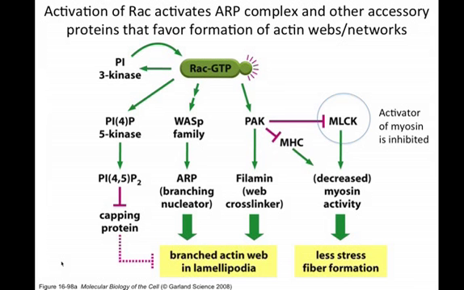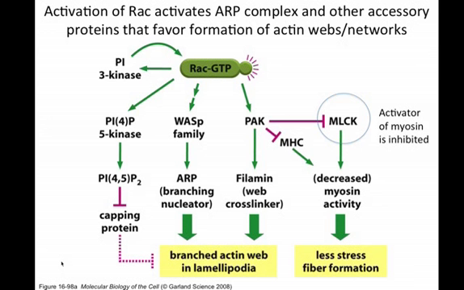It also activates this other protein, which then inhibits this activator of myosin, because you don't need myosin when you're doing the web. That's more for contractile. So you're getting less stress fiber formation, and then you're getting inhibition of a capping protein, which you also don't really want if you're trying to move yourself forward.